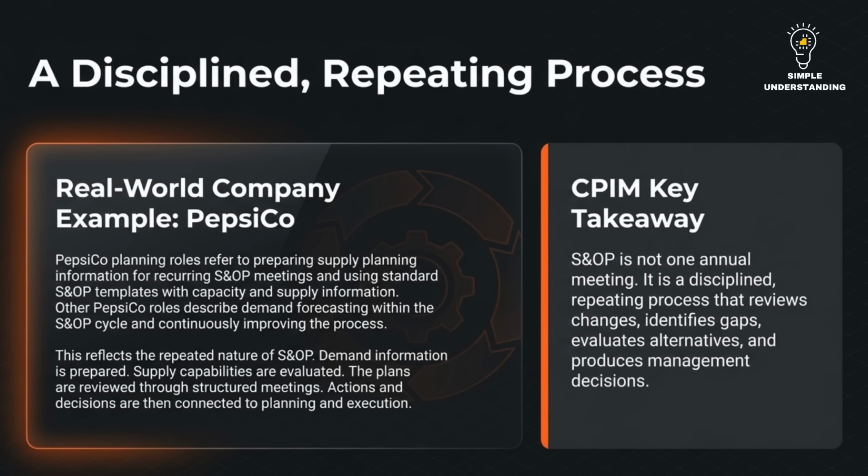Demand information is prepared, supply capabilities are evaluated, the plans are reviewed through structured meetings, actions and decisions are then connected to planning and execution. CPIM Key Takeaway. S&OP is not one annual meeting. It is a disciplined, repeating process that reviews changes, identifies gaps, evaluates alternatives, and produces management decisions.